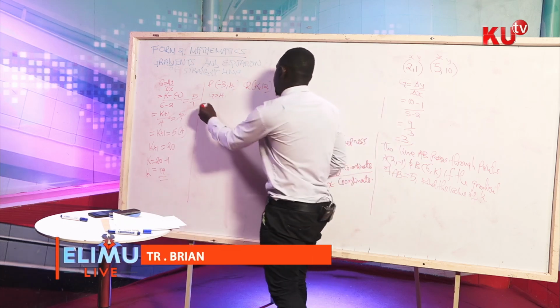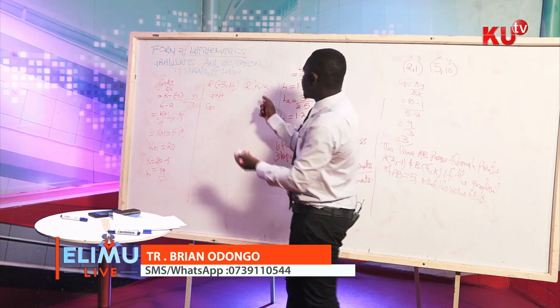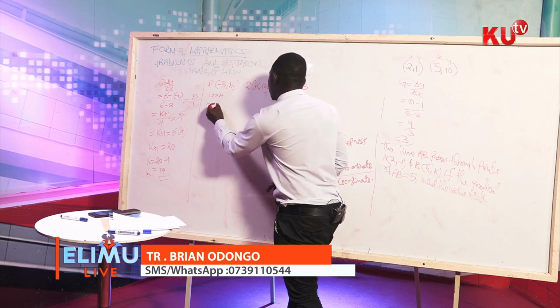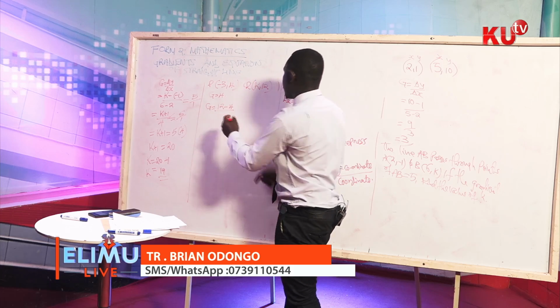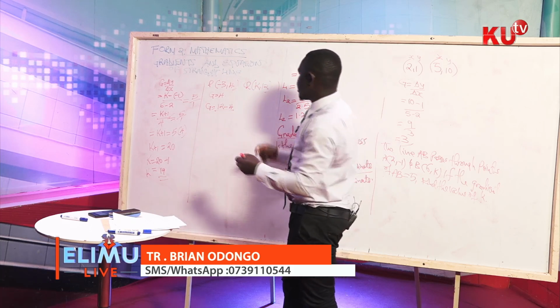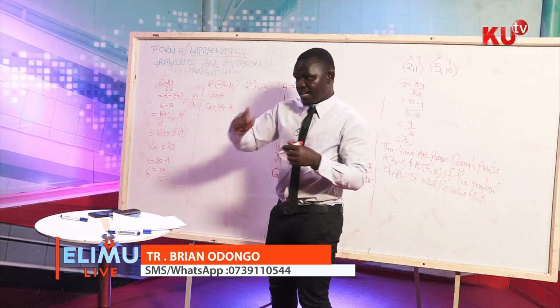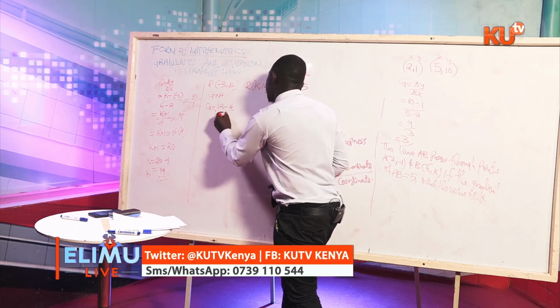So you say gradient is the change in y, which is 12 minus 4, over the change in x values, which is now k minus -3. Remember that it is k minus -3.